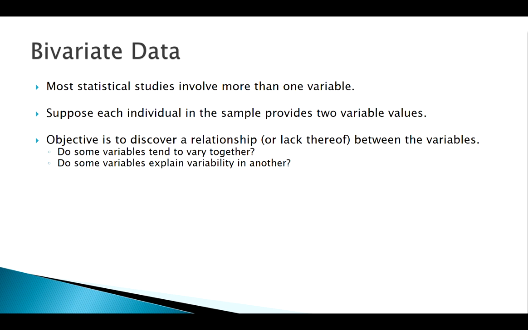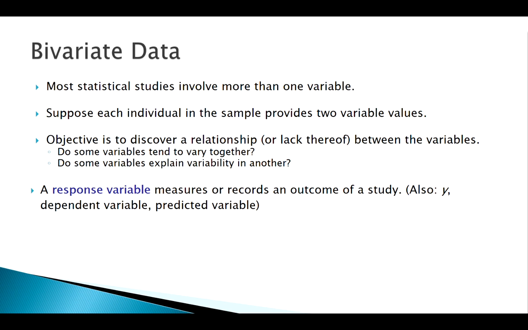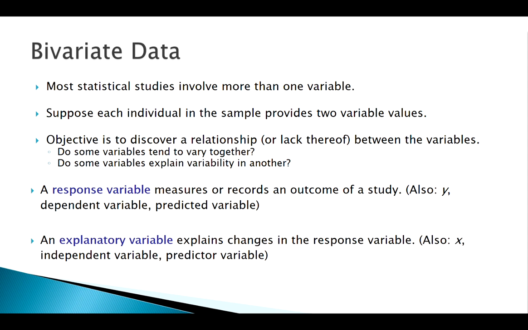So the wording usually used between those two variables: usually we call our y variable our response, and our x variable our explanatory variable. The terminology varies depending on the source. You may have been exposed to the idea of independent versus dependent variable. The independent variable is the one I'm changing; for the dependent variable, I'm seeing what sort of response there is.